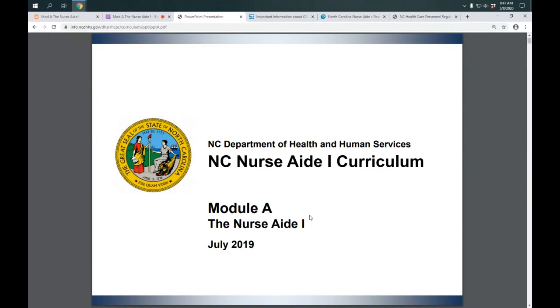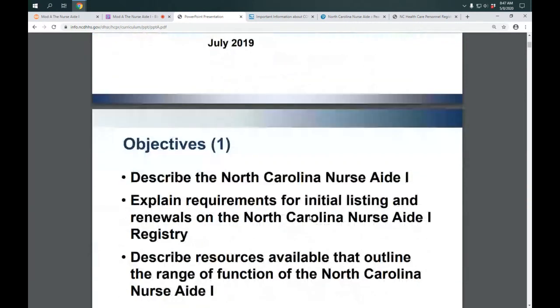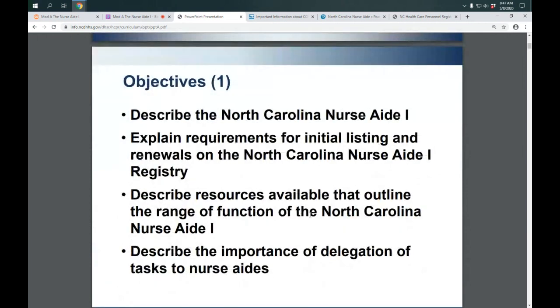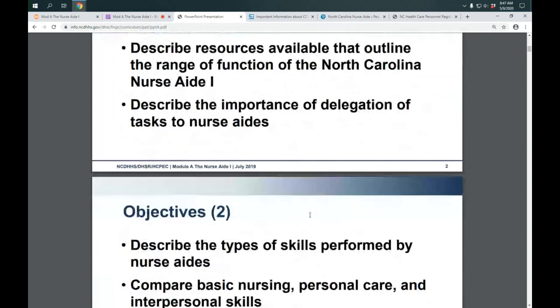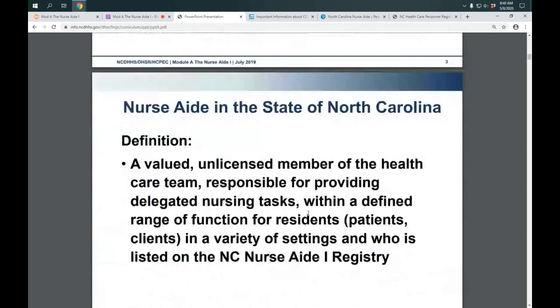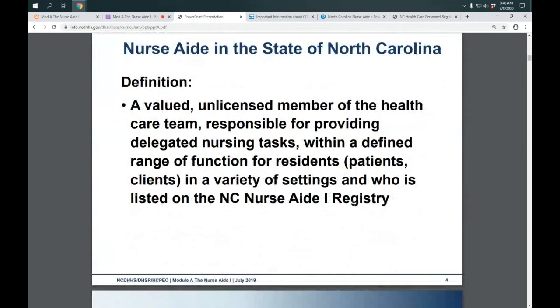Okay, so let's get started. The first thing that there will be just objectives. These are always going to be on the PowerPoint, and of course they're just going over the things that hopefully you're going to understand when you're finished with the unit. I also want to show you, this is slide number 4, and if you look on your text, you'll see that the slides are in order.